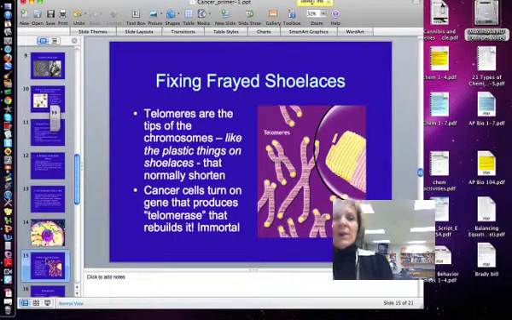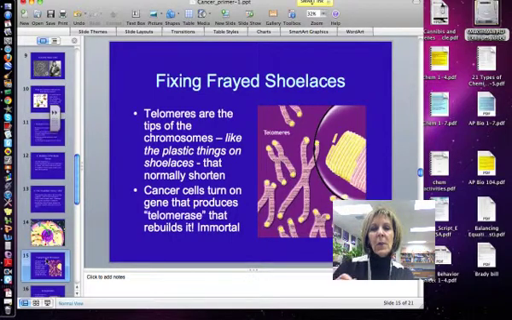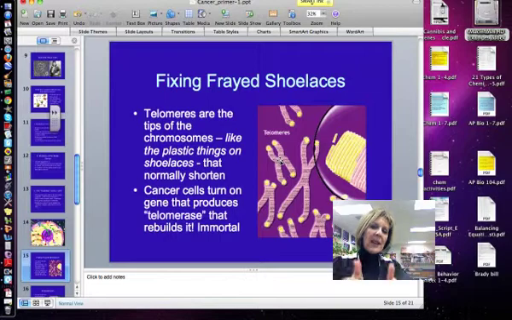Another cause of cancer that we know of from our research has to do with the ends of chromosomes called telomeres. So we've talked about centromeres, which is the waist of the chromosome, but telomeres are the ends. One of the things that we've learned about telomeres is that there are repeating sequences of DNA that do not code for proteins on the ends of chromosomes, kind of like those plastic things on shoelaces that keep them from fraying.